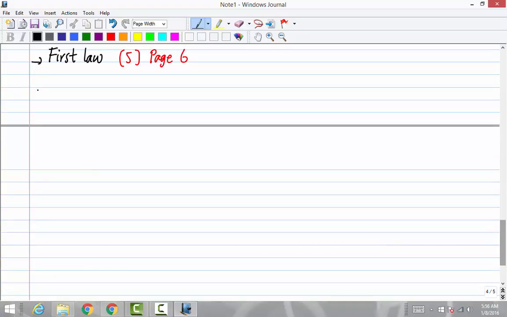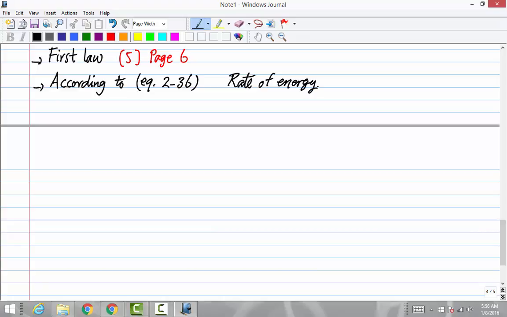On this page, again, we're talking about rate of energy.